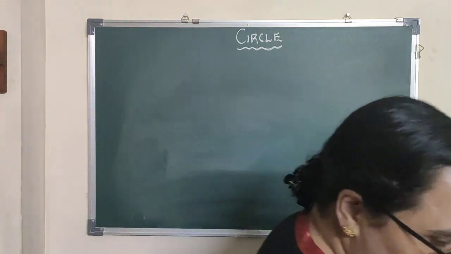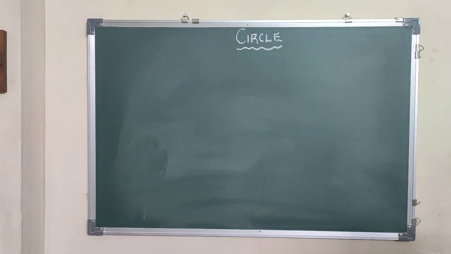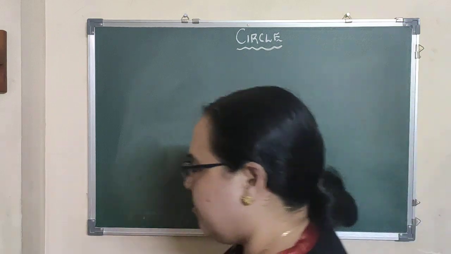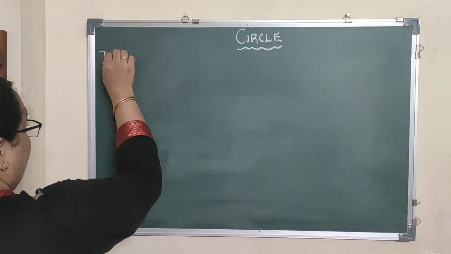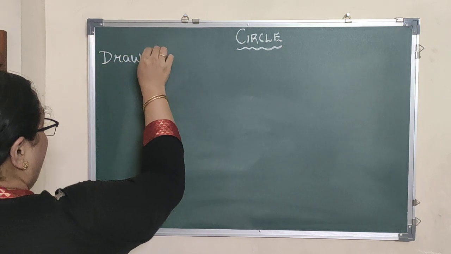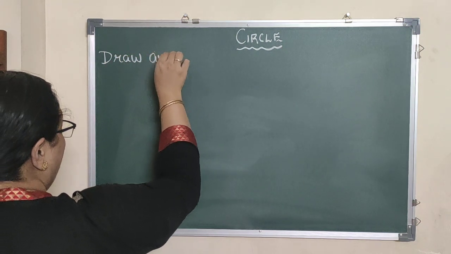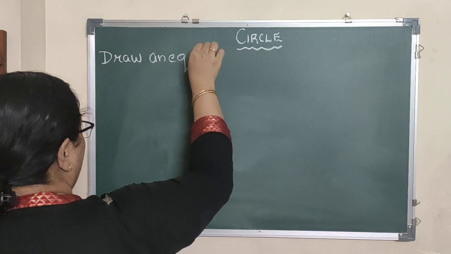First and foremost, I would like to draw an equilateral triangle, which is not part of the exercise, but I take it as an example. Draw an equilateral triangle PQR.